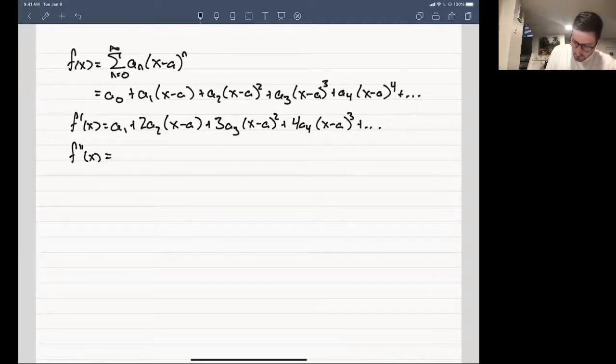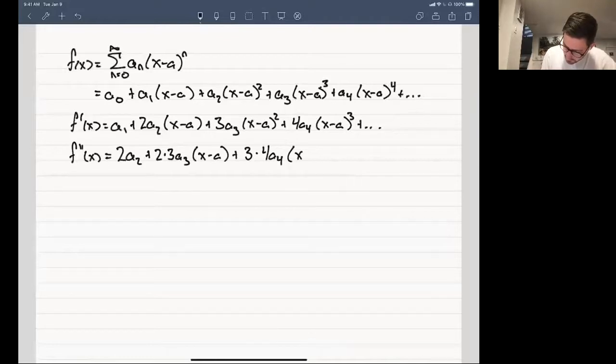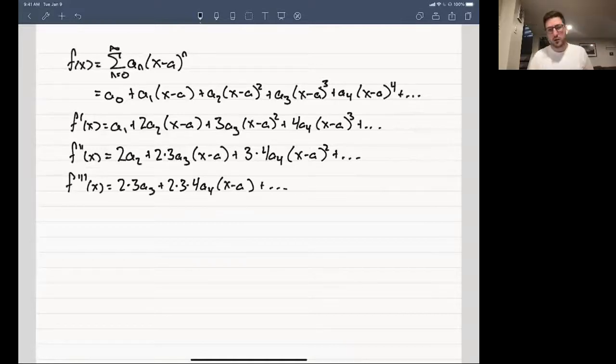So the a1 goes to 0, and I get 2a2 plus, now I'm going to write this as 2 times 3 times a3. So I don't want to make it into a 6 because I want to be able to see a pattern. And then this becomes (x minus a), and then 3 times 4 times a4 (x minus a) squared, and so on and so forth. And let's do one more derivative just to see the pattern. I get 2 times 3 times a3 plus 2 times 3 times 4 a4 (x minus a), and there's more, but that's okay.